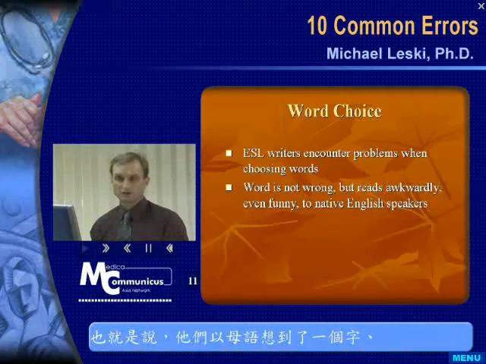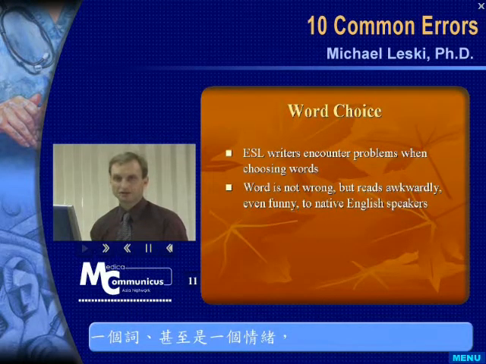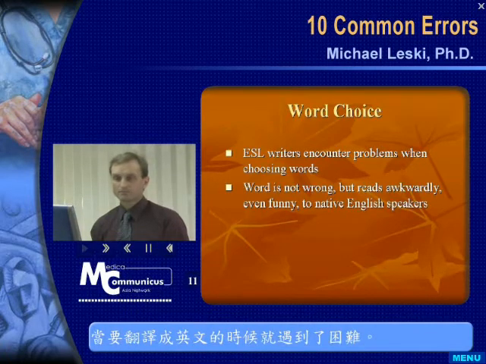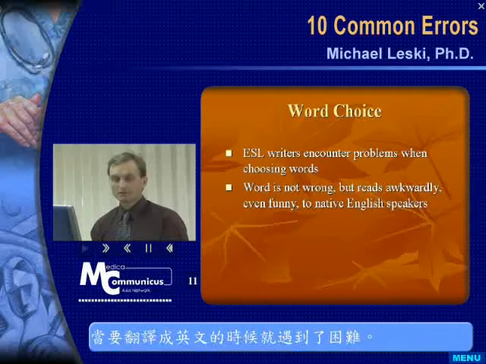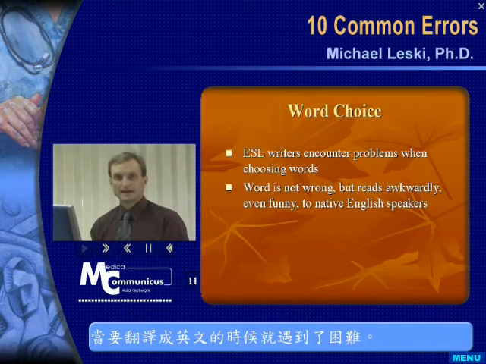So in other words, they think of a word or a phrase or an emotion even in their native language, and when they try to convert it to English, they have difficulty making this transition.